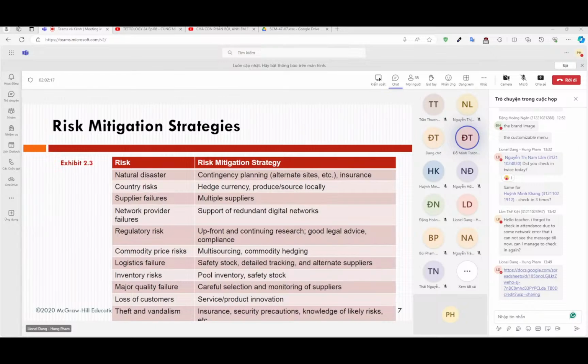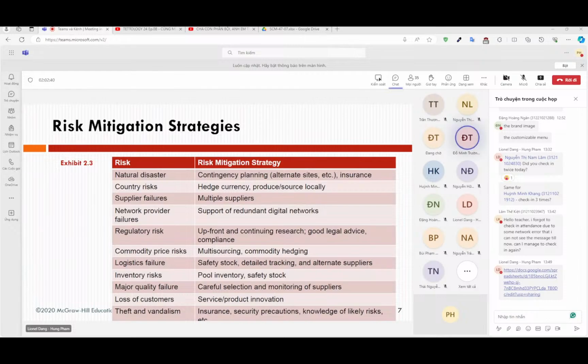As we can see, the risks that have the chance of happening vary from natural disaster, supply chain, and the failure to perform the duty such as supplier or network provider.